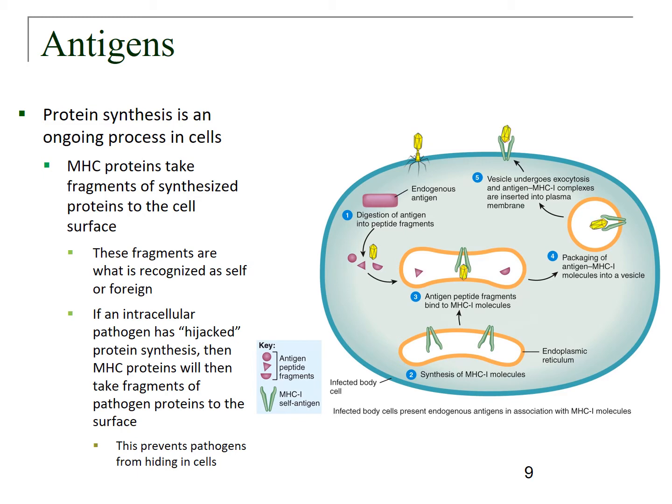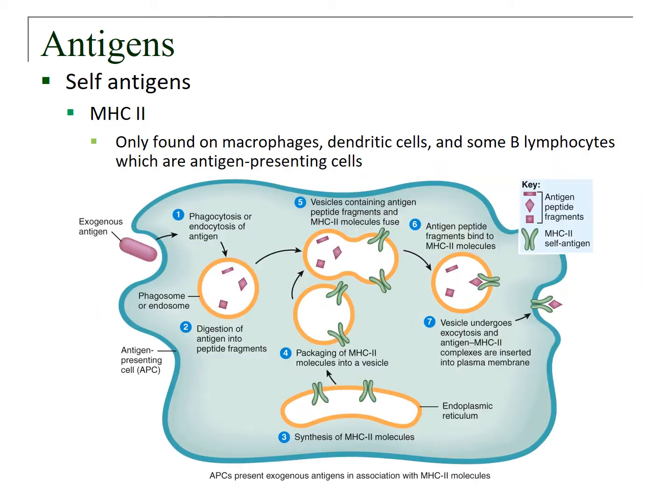You're going to have viral proteins bound to the MHC1 molecules, and as you can see, the viral proteins get packaged up and displayed on the surface of the cell. This prevents pathogens like viruses from hiding in cells as effectively as they otherwise might, because as long as the virus is having the cell produce viral proteins, those viral proteins get presented on the surface of the cells that are producing them.